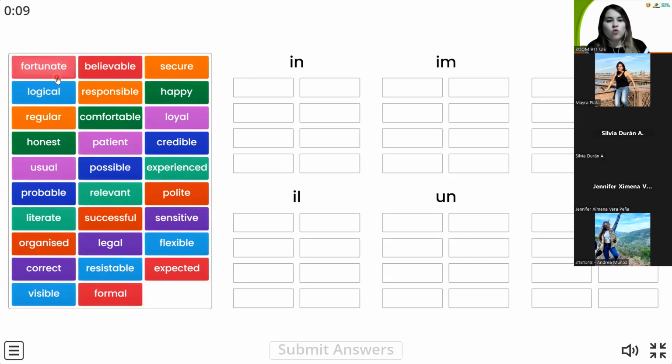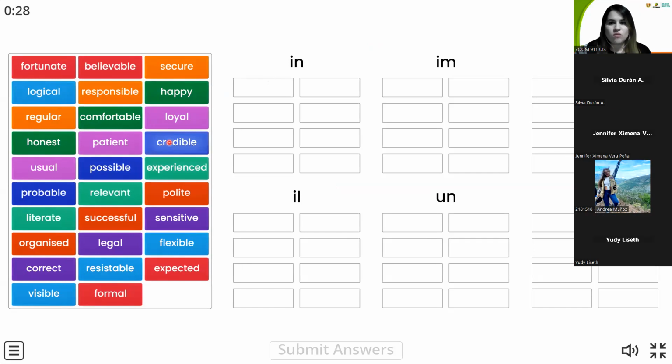For example, we have fortunate, believable, secure, logical, responsible, happy, regular. We have a list, and then we have these prefixes. So for example, within, which adjective would you add here that belongs to this group? Correct, incorrect. Very good.